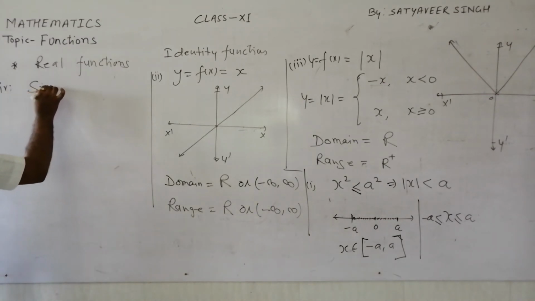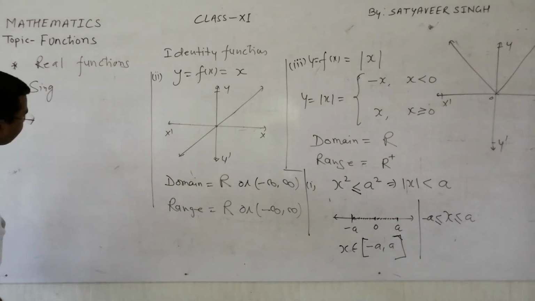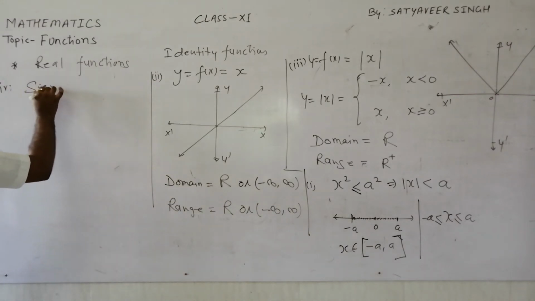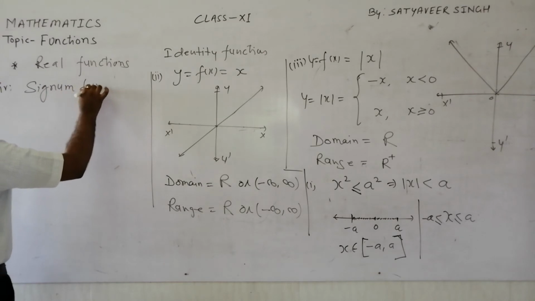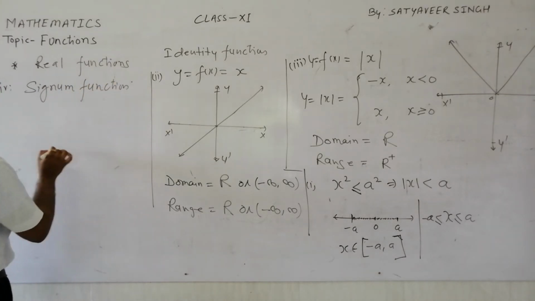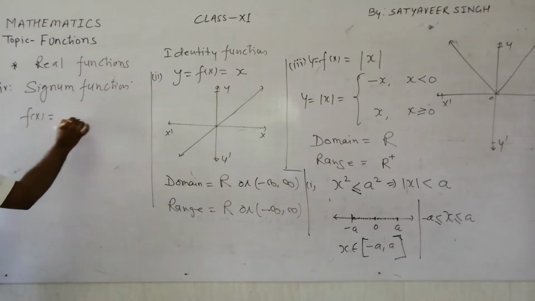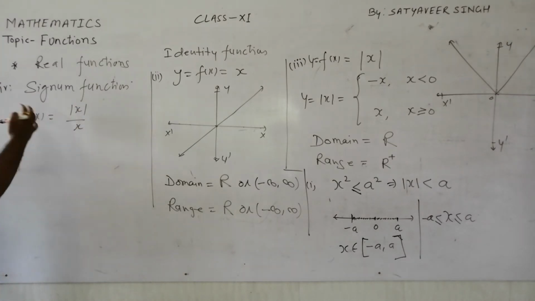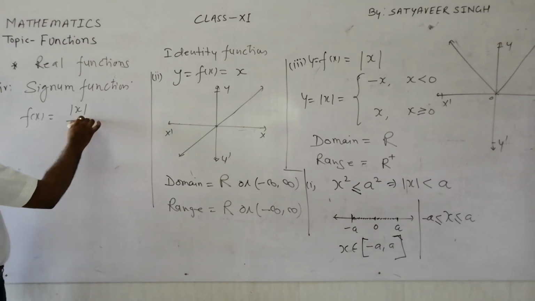It is called the signum function. What is the method of writing this? It is modulus x upon x. Whenever any function is written in this form, it is called the signum function.